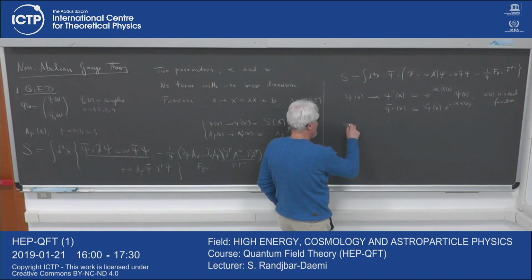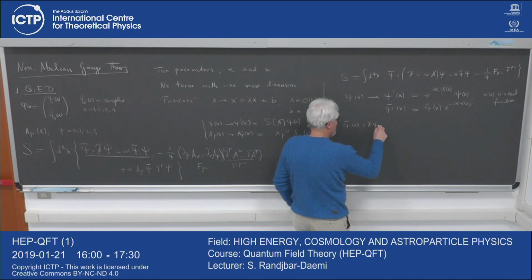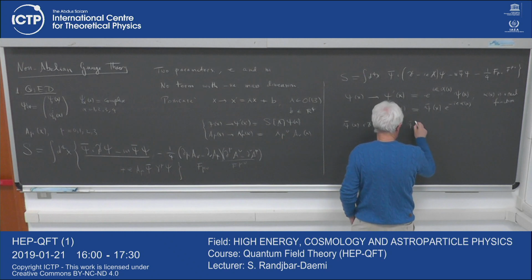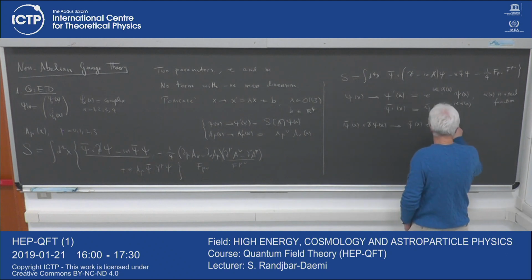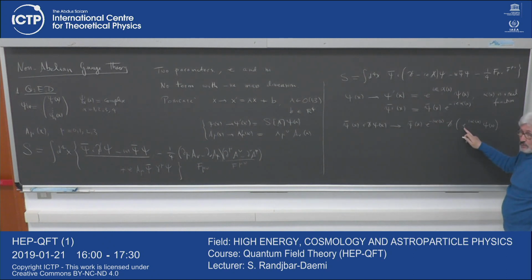So psi bar of x I d slash psi of x goes to psi bar exponential minus I alpha of x, d slash, exponential I alpha of x times psi of x. This derivative should act both on the first factor and on the second factor. Okay?